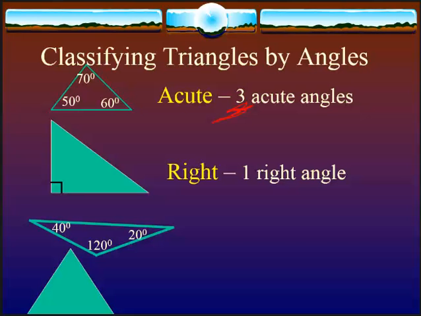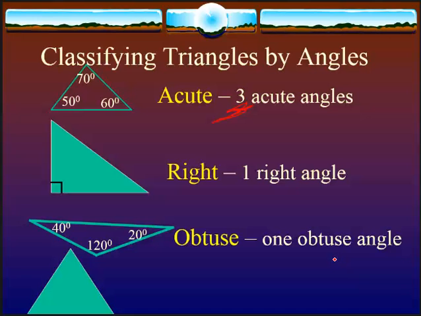If it has an obtuse angle, okay, something greater than 90. So you've got to know these words from the past. Obtuse means greater than 90. If it has one obtuse angle, then it would be considered an obtuse triangle. Can a triangle have more than one obtuse angle? Well, let's think about that.